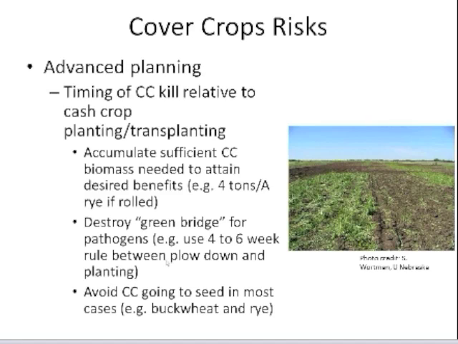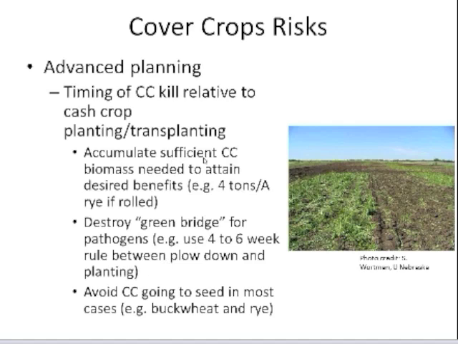In the springtime, you need to be thinking about the timing of the cover crop kill relative to the cash crop planting or transplanting. And this has to do with the fact that how you kill and when you kill your cover crop affects the soil microbial community in a way that will affect the ability of the cash crop to establish itself.